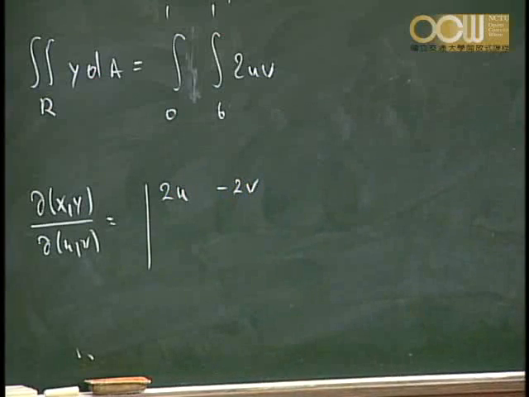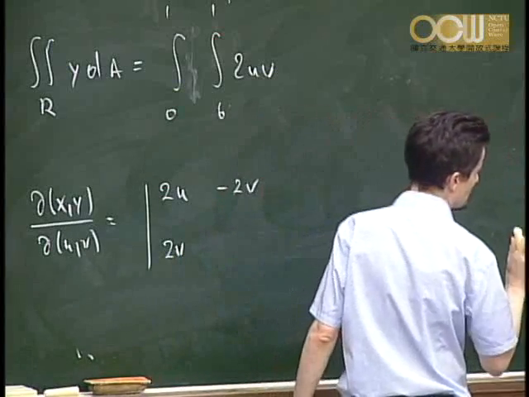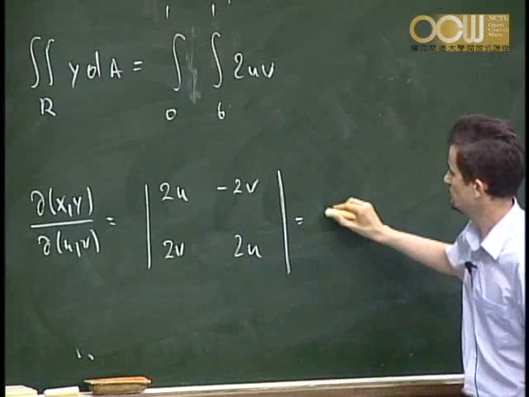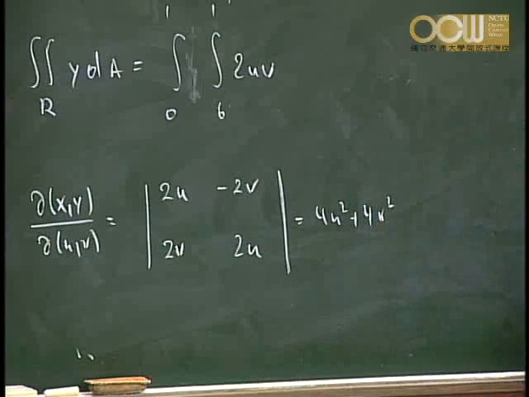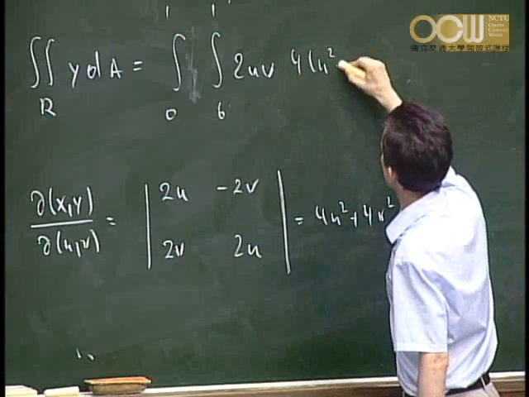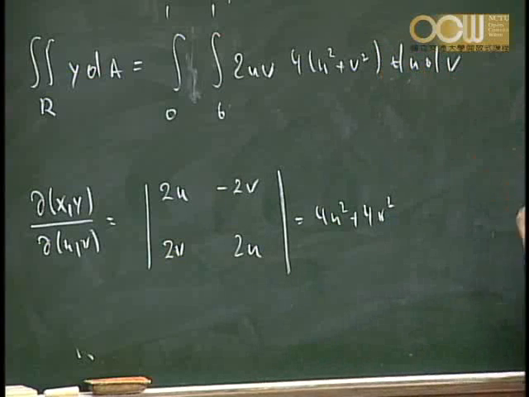The second row has the partial derivative of y with respect to u, which is 2v, and the partial derivative of y with respect to v, which is 2u. So this will be 4u squared plus 4v squared. So this here becomes 4 times u squared plus v squared du dv, and you can solve this.